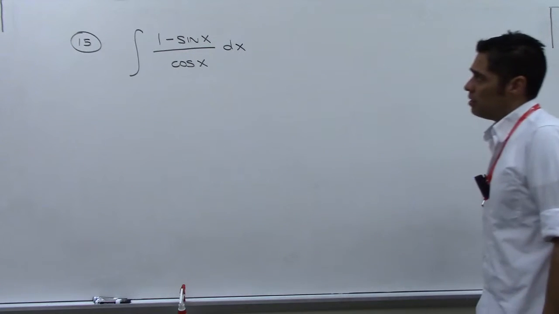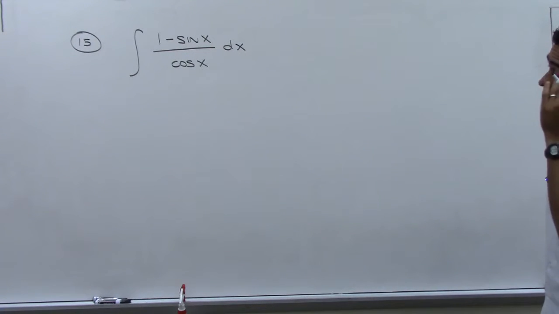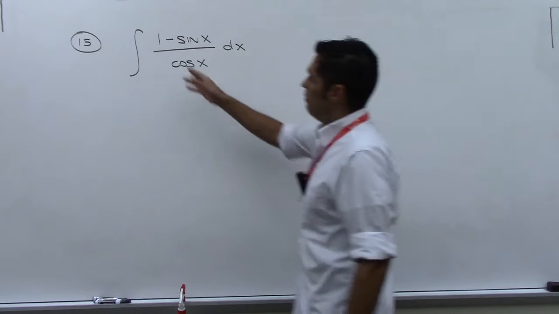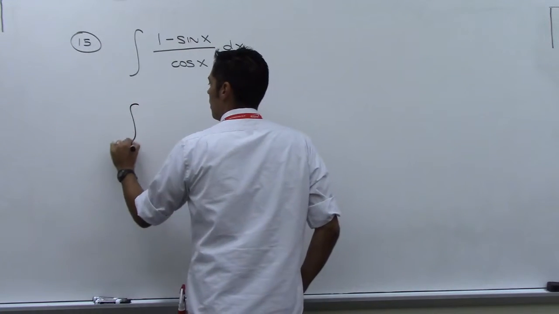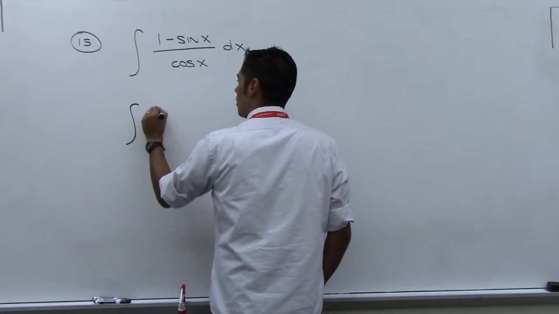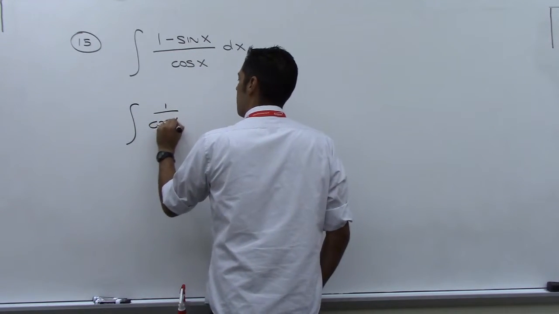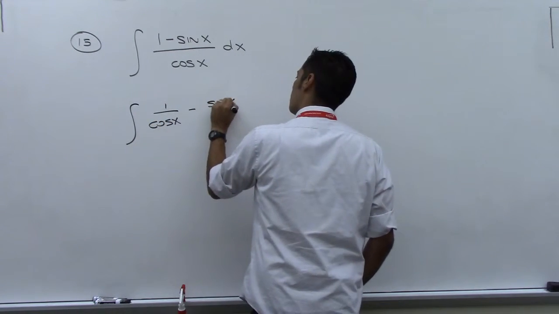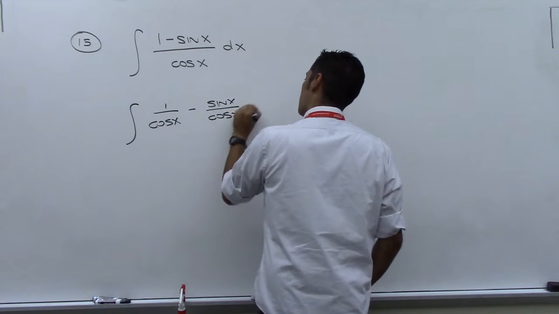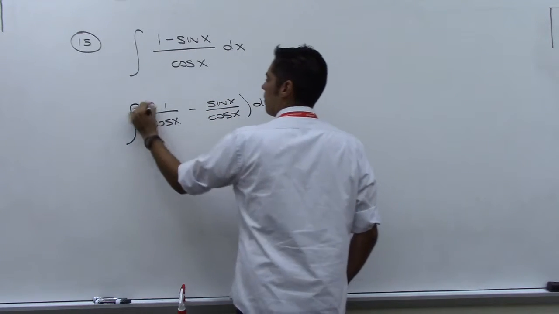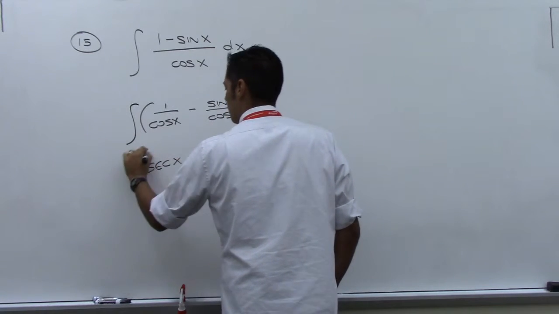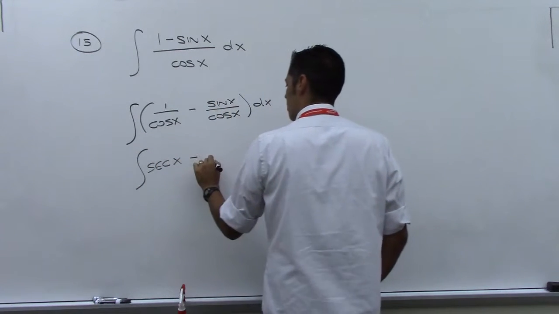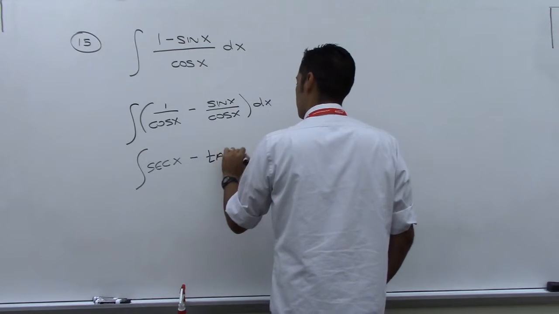Well, initially, I see I can split it into two fractions because I have 1 over cosine and sine over cosine. Let me just write that down. That would be 1 over cosine x minus sine x over cosine x dx. 1 over cosine is secant x, minus sine over cosine, which is tangent x dx.